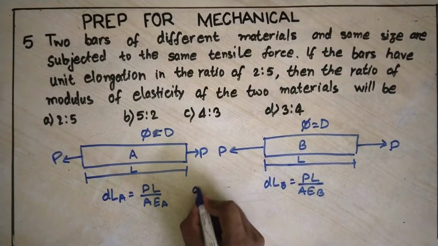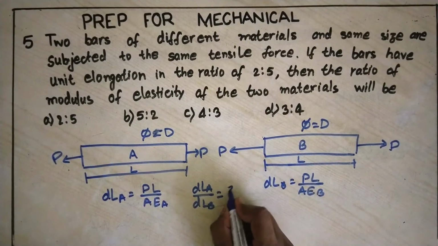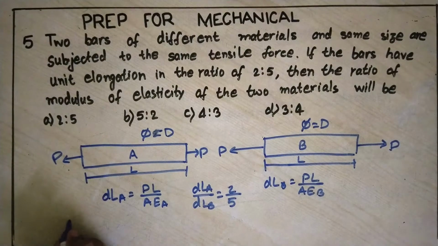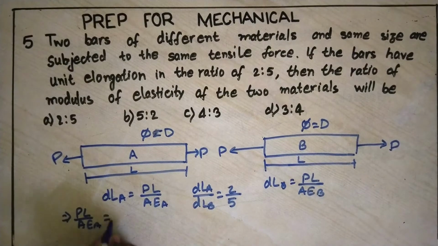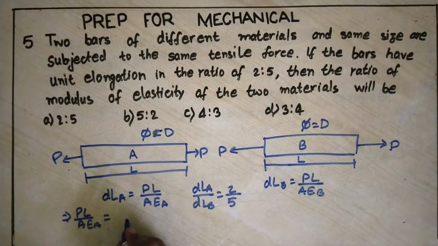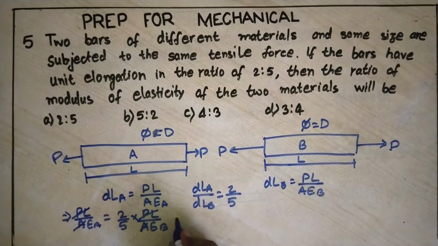As in this question, delta L A divided by delta L B is given as 2 by 5. So PL by A E A is equal to 2 by 5 into PL by A E B. PL and PL will be cancelled out, A and A will be cancelled out.